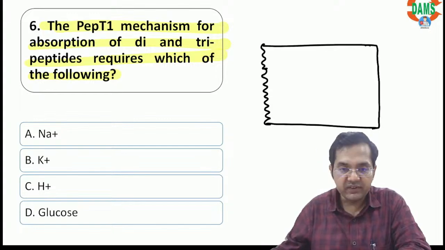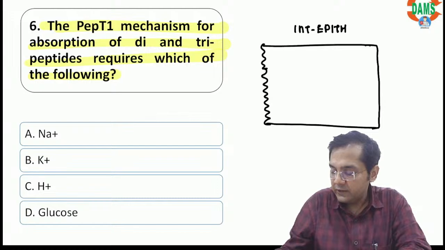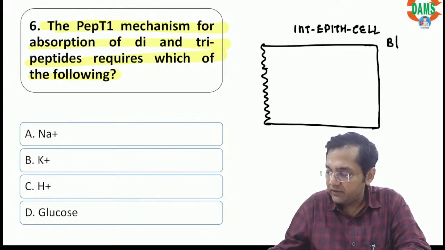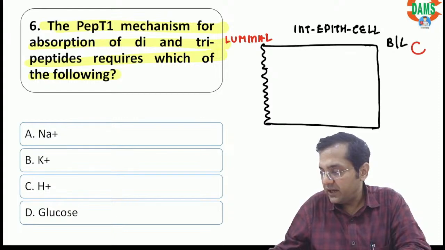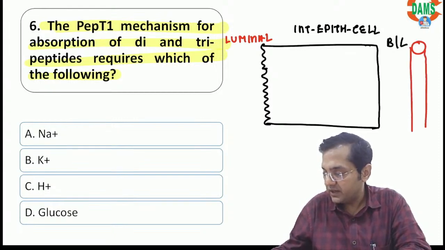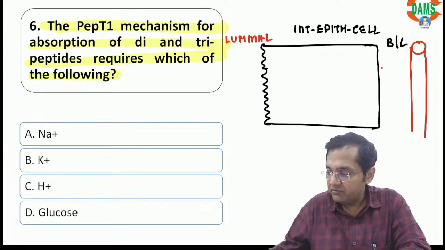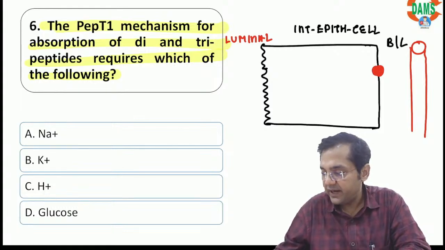First, just a revision. This is an intestinal epithelial cell. This is the basolateral side, and like always, this is the luminal side. The basolateral side is towards the blood vessel. Towards the blood vessel, we have the sodium-potassium ATPase pump.